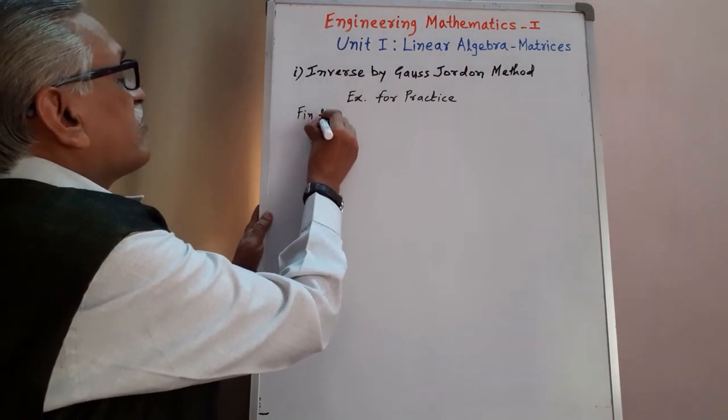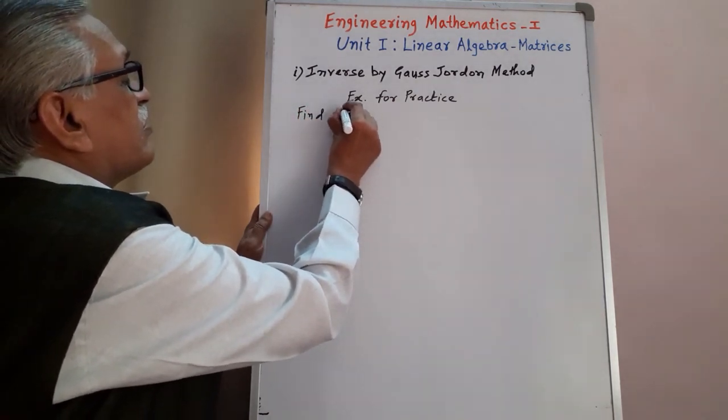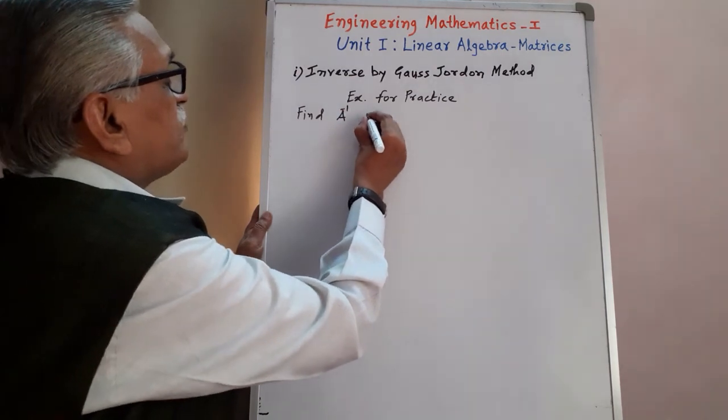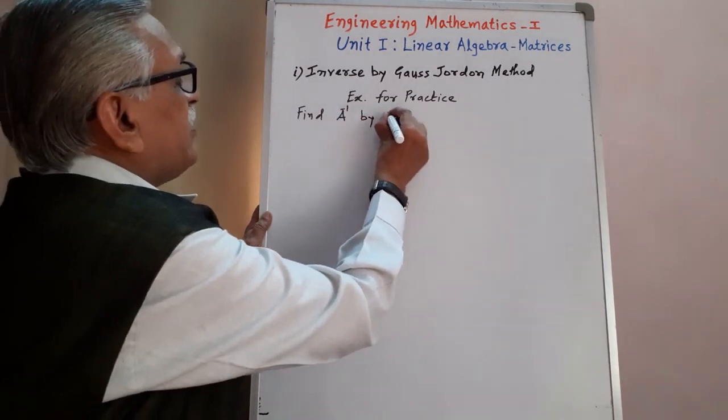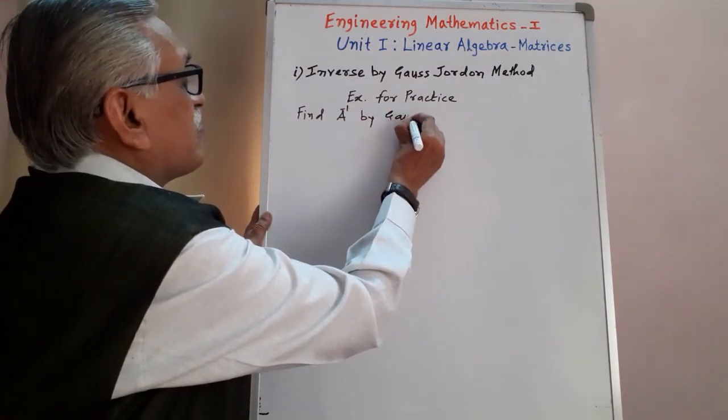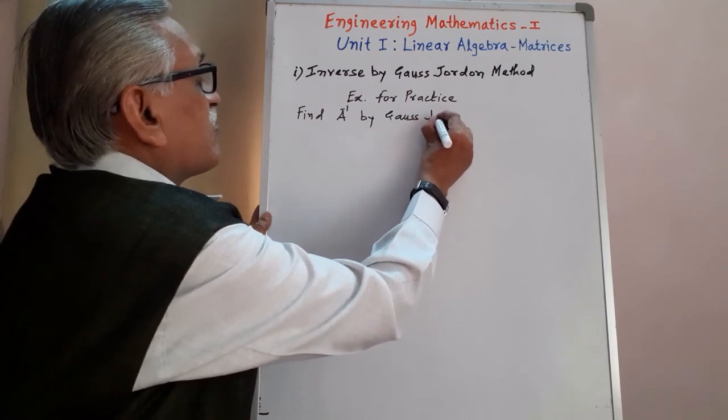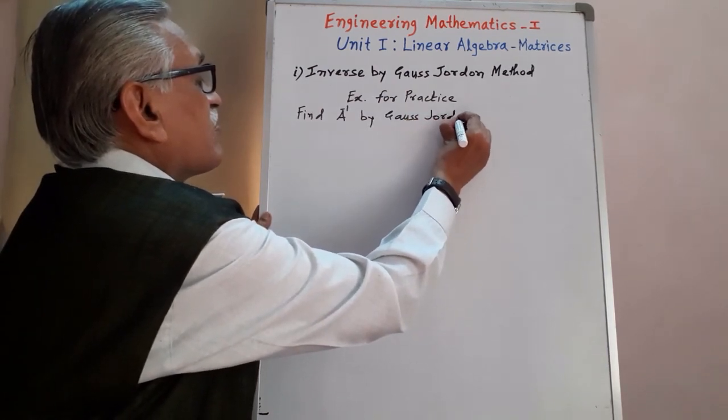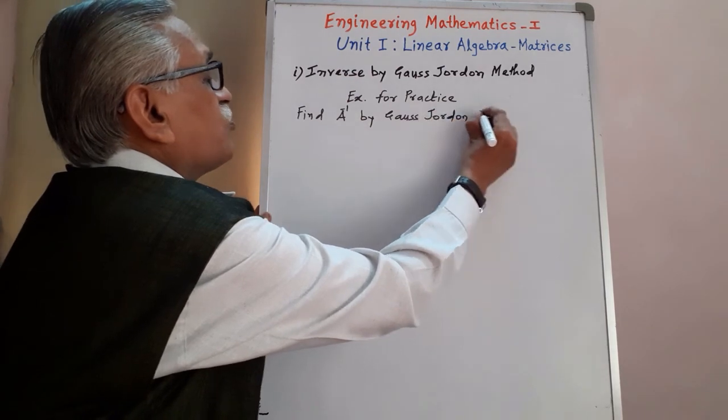Find A inverse by the Gauss Jordan method.